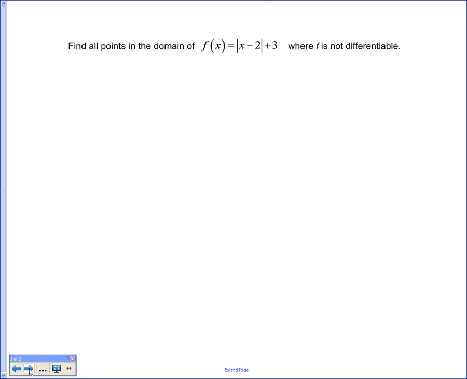Use that to help us find our answer. f of x equals the absolute value of x minus 2 plus 3 is going to be the absolute value curve shifted 2 to the right and 3 up. So the vertex is there.